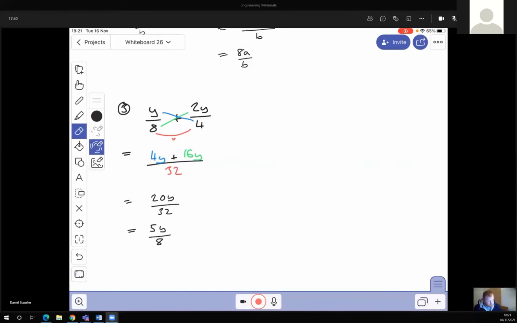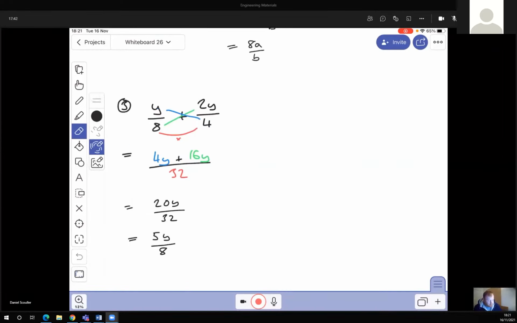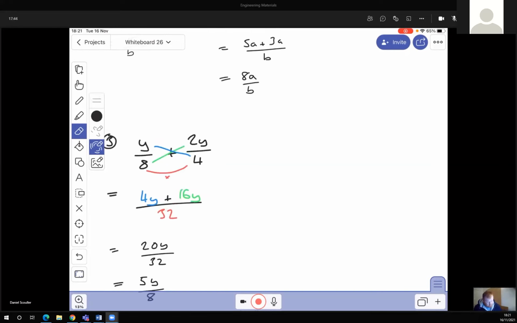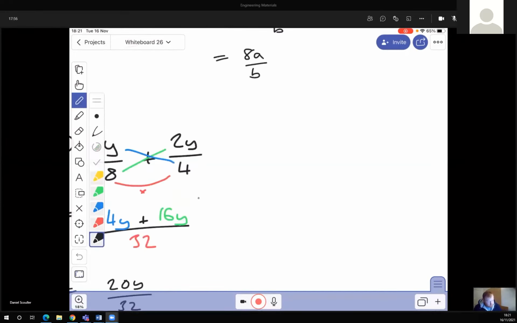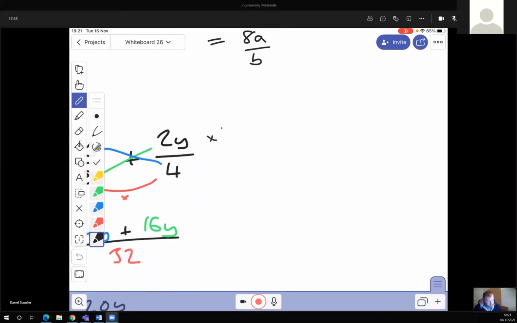So the question was asked, could we just make that second term over 8. And to do that, we could essentially take that term and just multiply the top and bottom by 2.